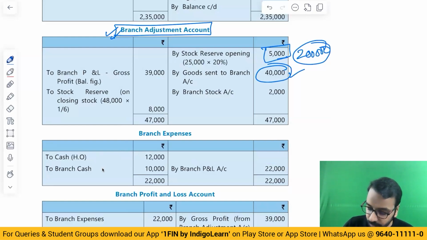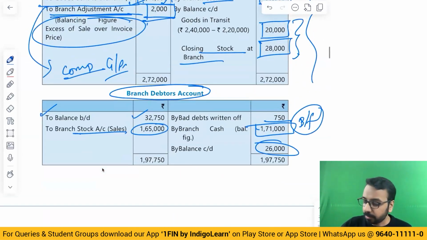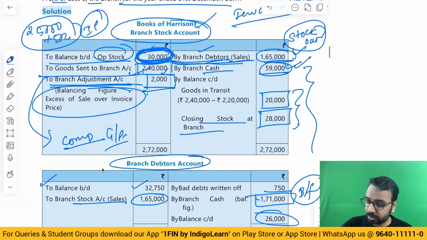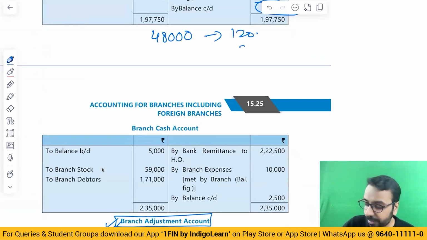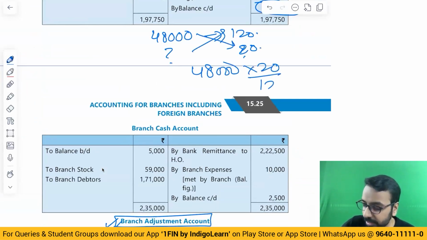Then on closing stock, how much is the reserve? How to calculate? 20,000 plus 28,000, 48,000 is invoice price. This represents 120. How much is the profit? If you have to calculate 20, how much is the profit? So you will do 48,000 cross multiplication into 20 divided by 120.